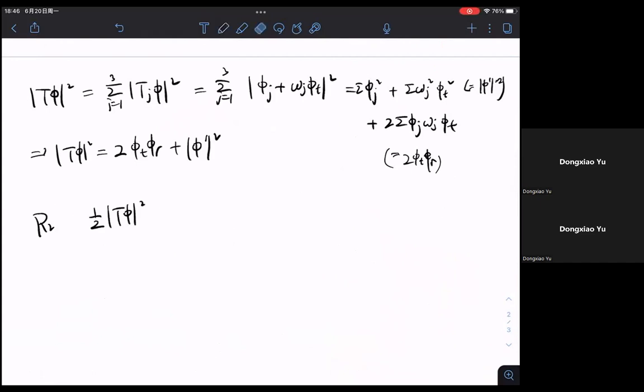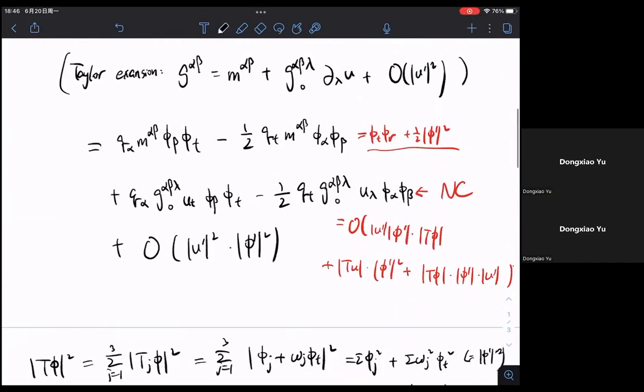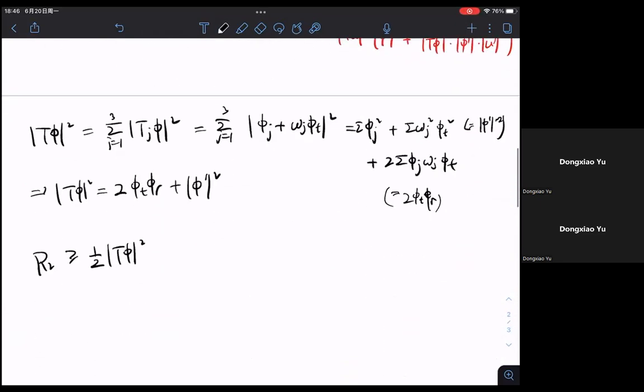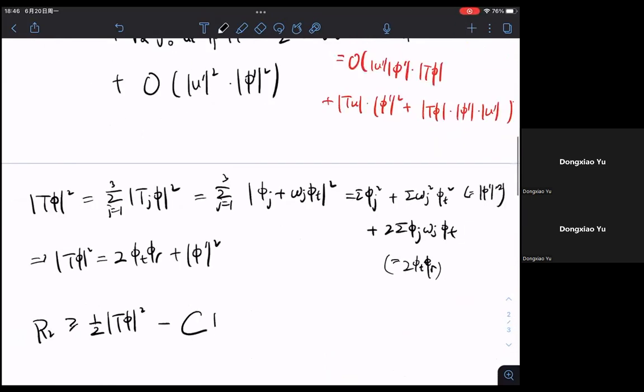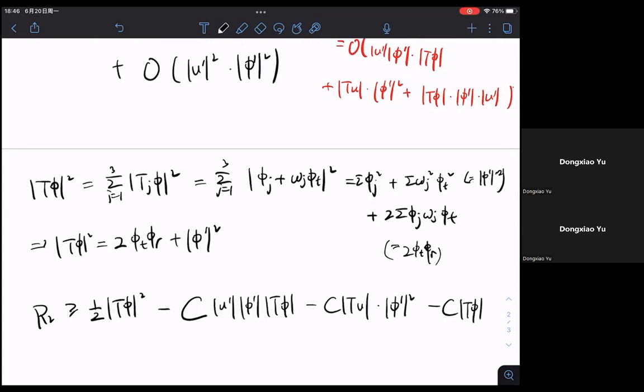We can now replace it with a lower bound, because we have R2 equals 1/2 times T phi square plus capital O something. So we can use this to estimate a lower bound for this R2. It is larger than or equal to 1/2 T phi square minus a large constant times this capital O here, that is U prime, phi prime, T phi, minus C T U phi prime square, minus C T phi, phi prime, U prime.